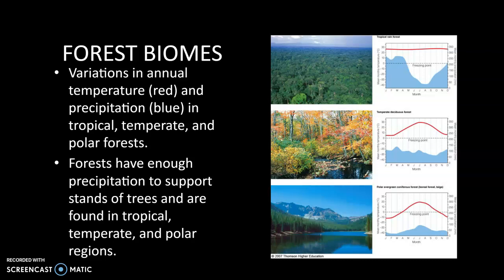And again, you can also have a fluctuation in the precipitation, but you get a warm part of the year and a cooler part of the year. And then you can have a little more on, not necessarily polar, but on the northern end. You can think of these as being a coniferous type forest. And again, coniferous forest can also be shown, as they put on here, as a boreal or a taiga.